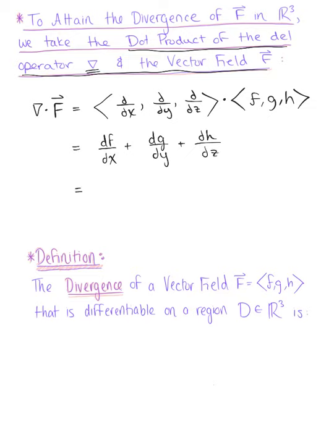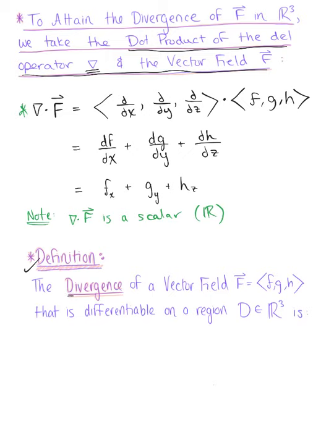If we convert this to the equivalent subscript form, we have f sub x plus g sub y plus h sub z. And we should also make a little note to ourselves that since we applied the dot product here, the divergence is a scalar. So the dot of del with the vector field is a scalar, or a real number. It's a constant value.